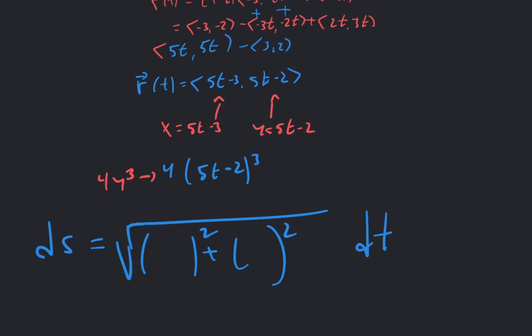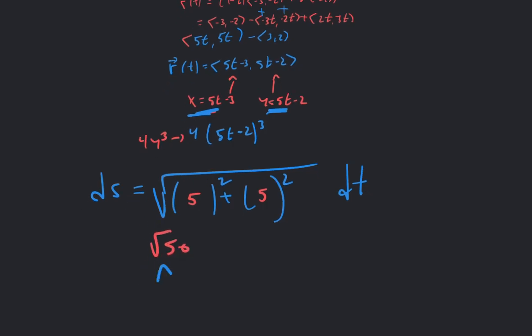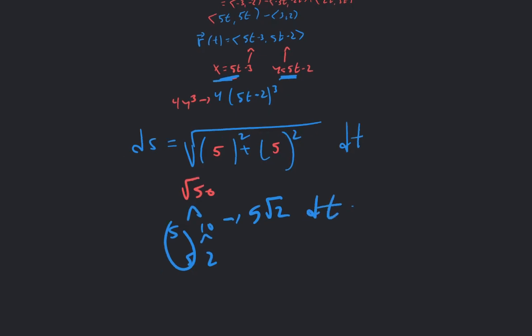So when we take the derivative of x with respect to t, we have 5 and 5. So ds is just going to be the square root of 5 squared plus 5 squared, or the square root of 50. And we don't like that. We want to simplify it as much as we can. That's going to be 5 root 2, which is our ds. Well, multiply that by dt.